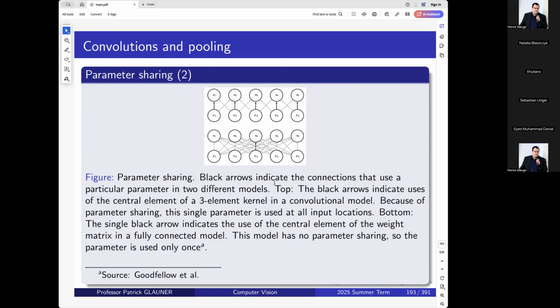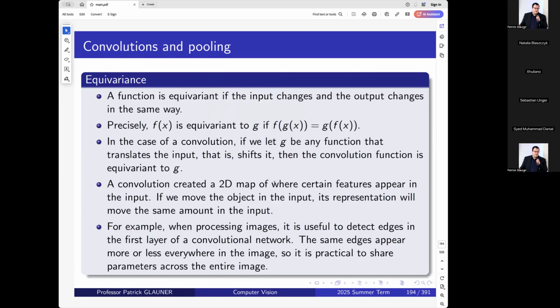So this helps us to generalize and reduce the number of parameters in the model. That's overall very helpful because it also tends to overfit less.